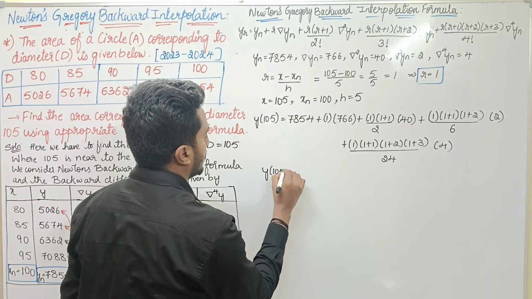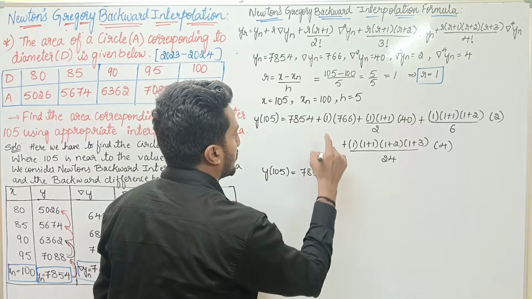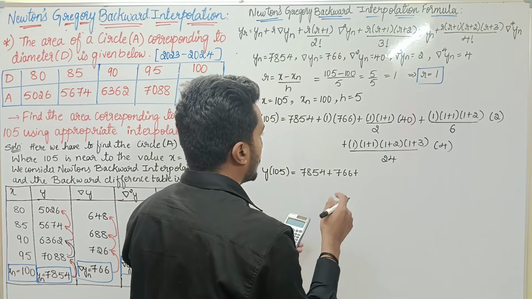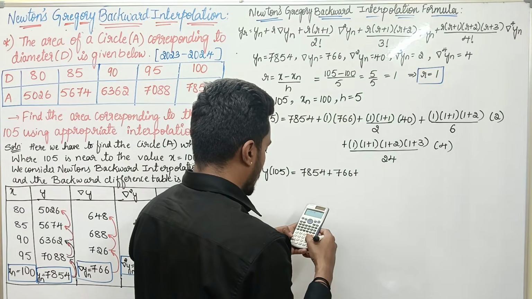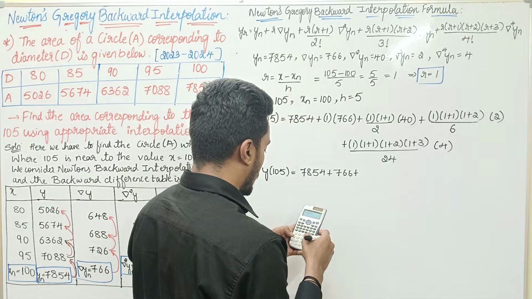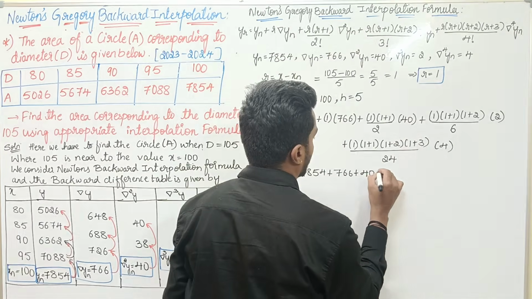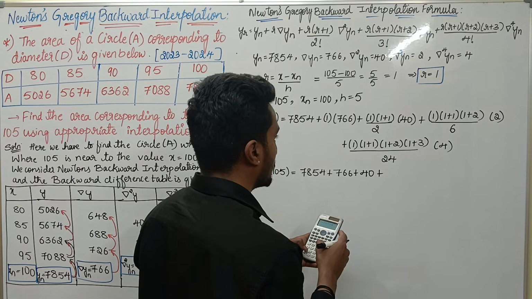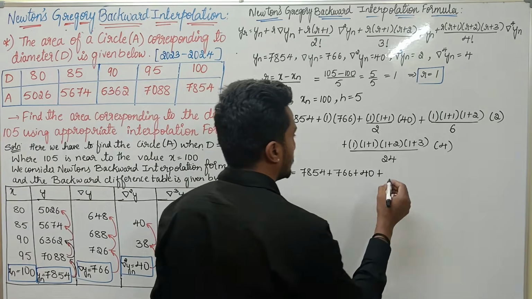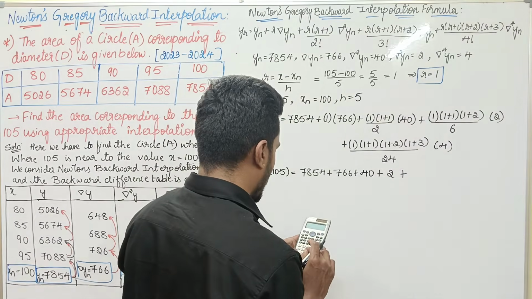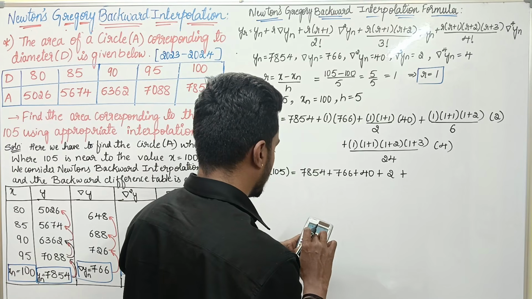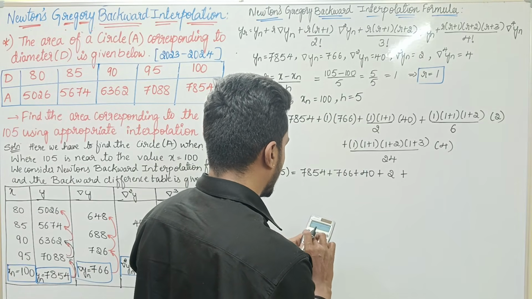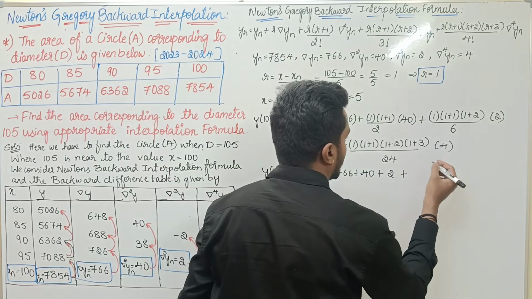y of 105 is equal to 7854 plus 1 into 766, that is 766, plus 1 into 1 plus 1 divided by 2, you get 1 into 40, that is 40, plus 1 into 1 plus 1 into 1 plus 2 divided by 6, you get 1 into 2, that is 2, plus the last term 1 into 1 plus 1 into 1 plus 2 into 1 plus 3 whole divided by 24, you get 1 into 4, that is 4.